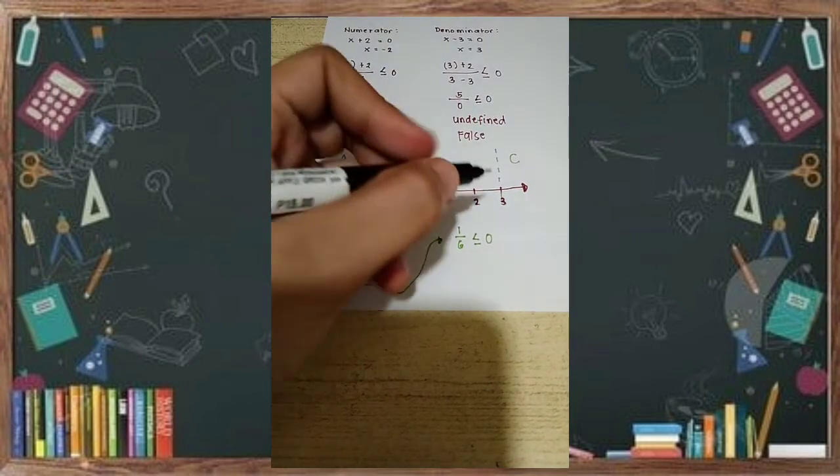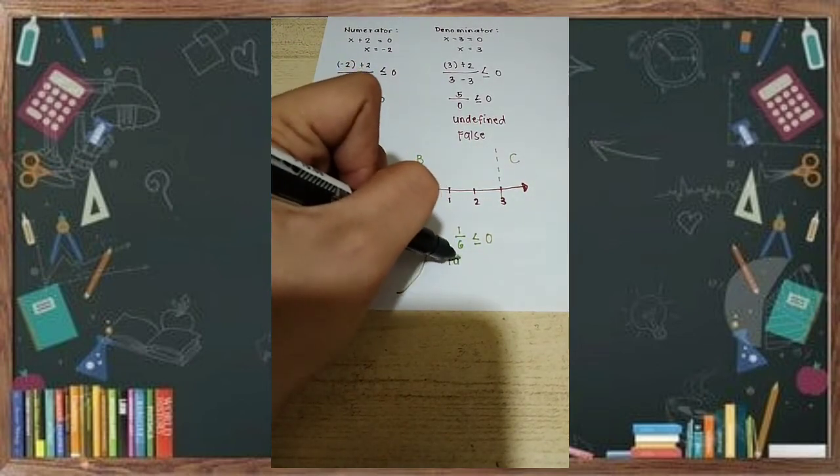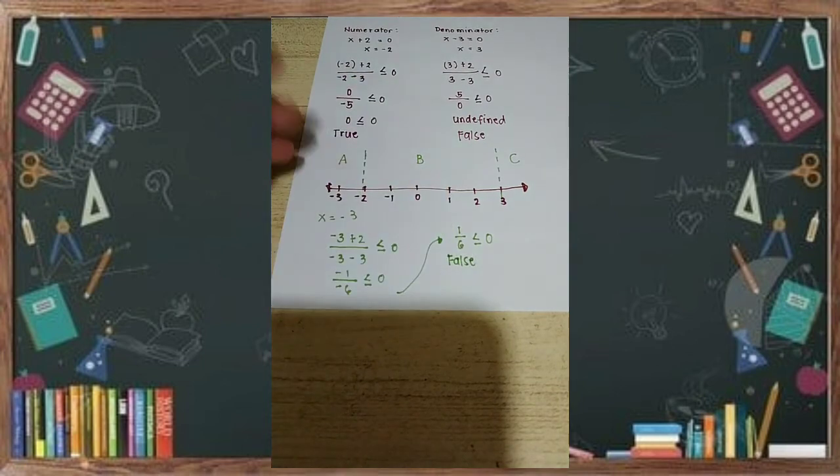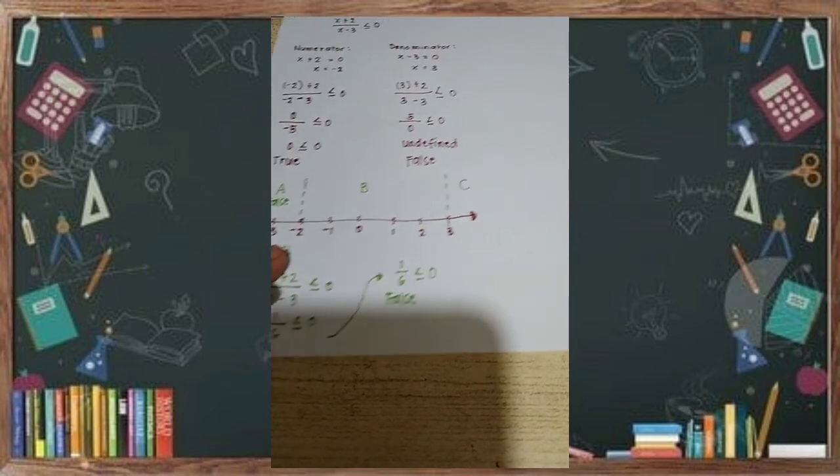So, no. Diba? So, it is false. Okay? Pwede na natin lagyan dito na yung lahat ng mga numbers sa kanan ng negative 2 ay false or hindi kasama sa solusyon ng ating inequality. Okay, next.